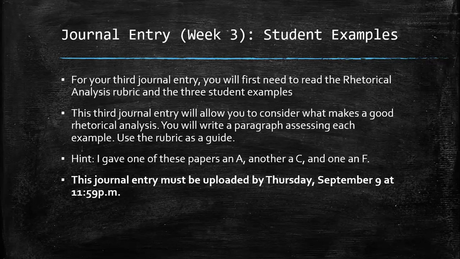So you're going to write a paragraph giving me your thoughts and opinions on each of the rhetorical analyses, and then you are going to give it a grade. And I will tell you, as a hint, one of the papers received an A, one of the papers received a C, and one of them received an F. This journal entry must be uploaded by Thursday, September the 9th at 11:59.